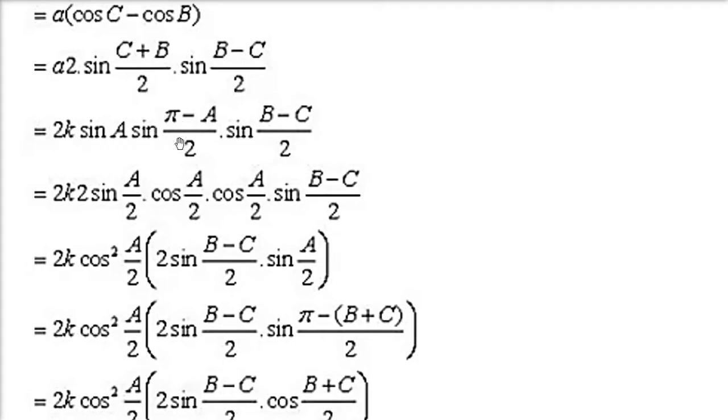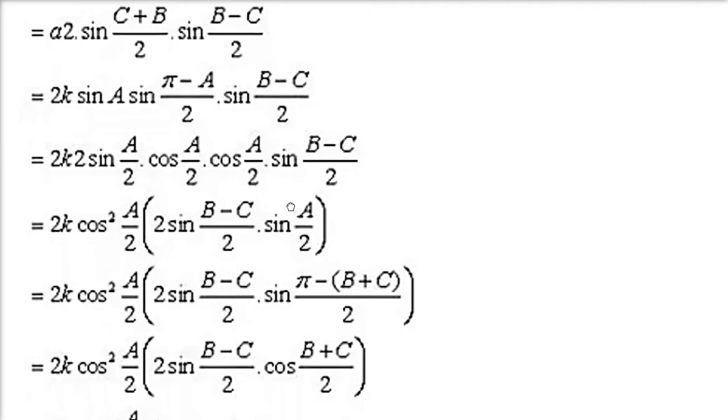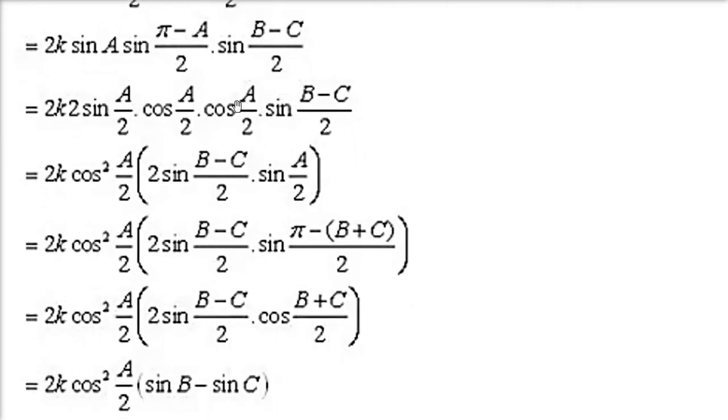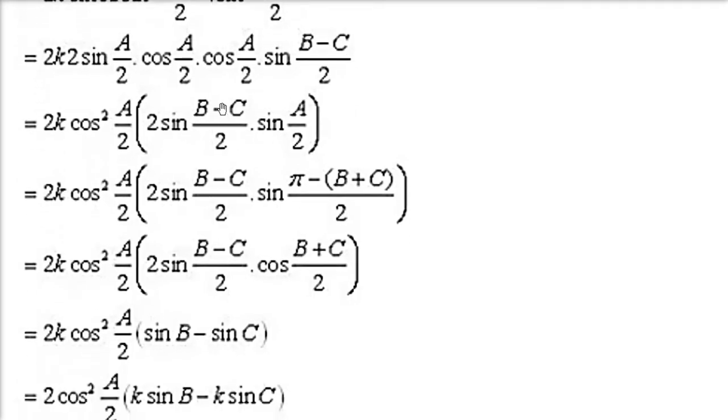This sin pi by 2 minus A is cos A by 2, and this is here. So this cos square we take outside. This sin A by 2 and sin B minus C by 2 we take together. So this is 2 sin B minus C by 2 sin A by 2. Since we can write this A as pi minus B plus C by 2, this can be sin pi by 2 minus B plus C by 2.